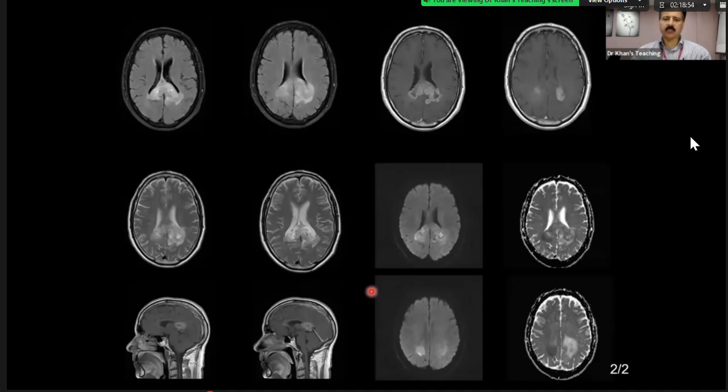In tumefactive MS, you should not see this necrosis, so that goes against it. Of course, on a CT, that will not be high density. High density CT is slightly beyond 2B, but the rest of the features I'm telling you, you have to remember for your exam.